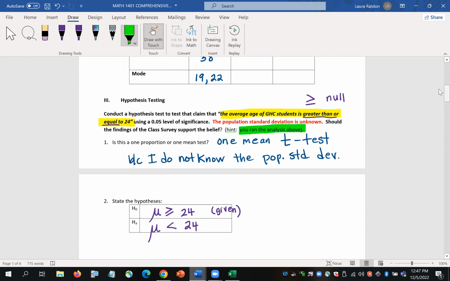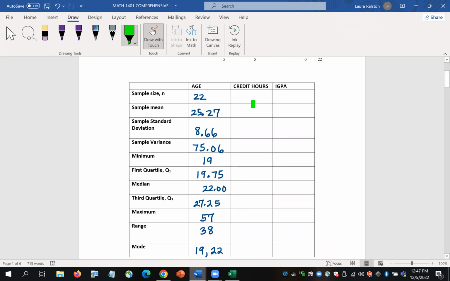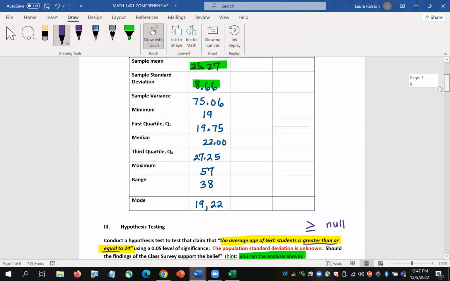So right up here in this table, I had you find the sample mean, the sample standard deviation, and the sample size. So you're using the results that you found when you ran the descriptive statistics.